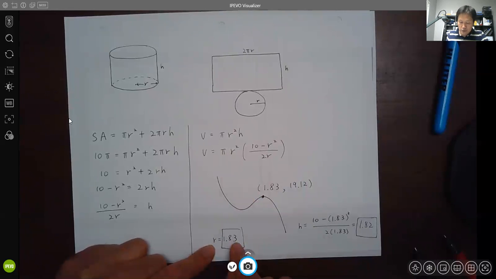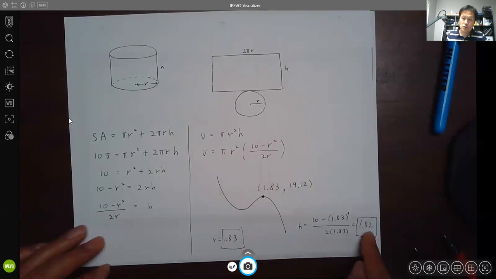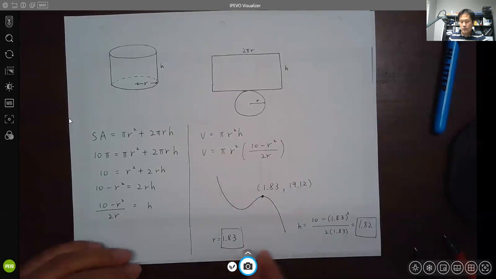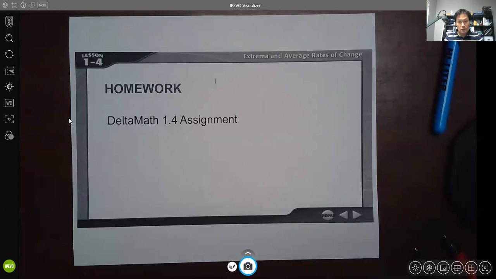With r equal to 1.83, you can plug the r value here, 1.83, to get the height, which is 1.82. And the radius and height, that will be your answer. Okay, so make sure you do the homework and join me for office hour for further questions.